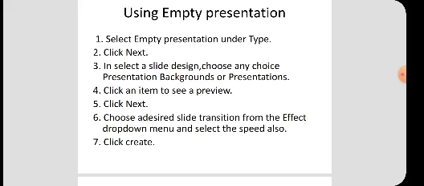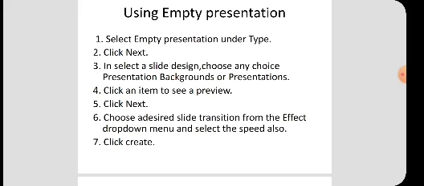So by using empty presentation, what are the steps you have to follow? Select empty presentation under type. So it creates a presentation from scratch, and then click the next button, and then choose a design under select a slide design. The slide design selection gives two choices, presentation backgrounds or presentations. You have to choose any one.